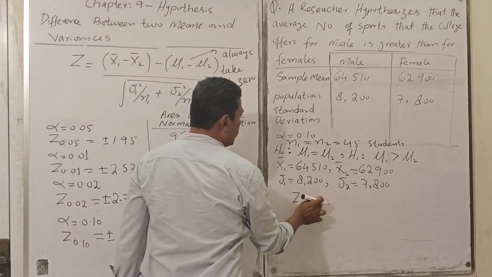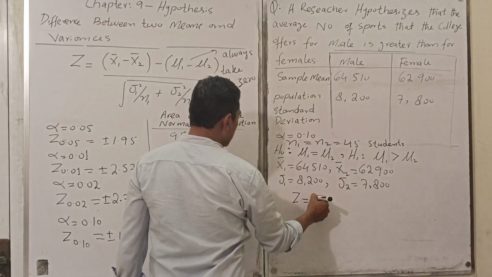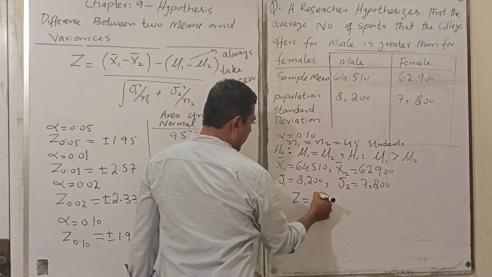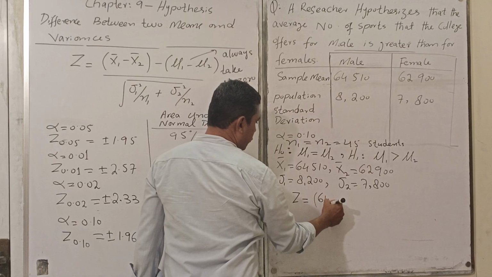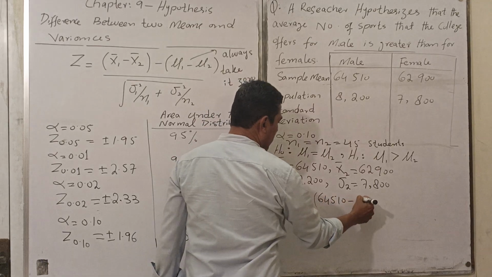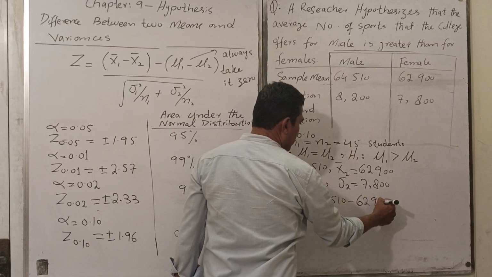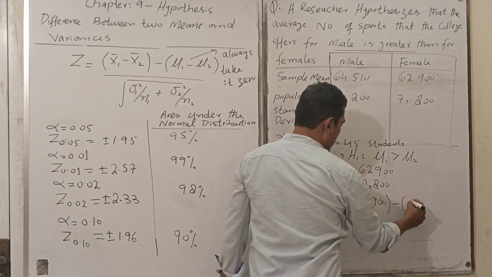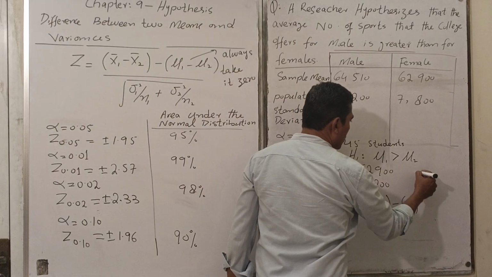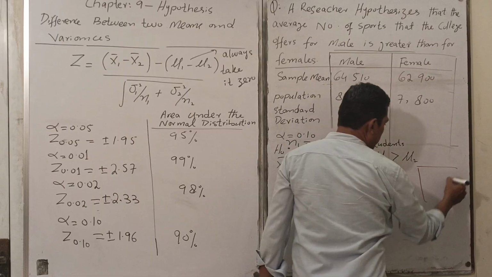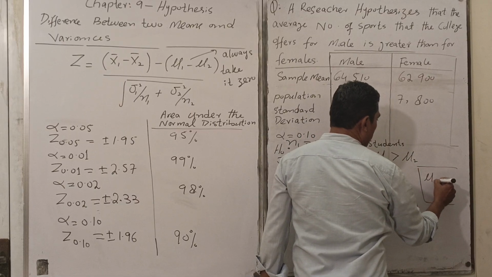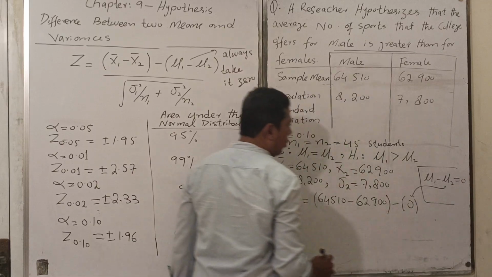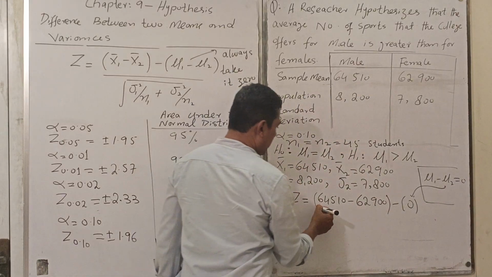So now substitute here: X1 bar minus X2 bar, so it is 64,510 minus 62,900, and mu1 minus mu2 is 0. Mu1 minus mu2 equal to 0, always.